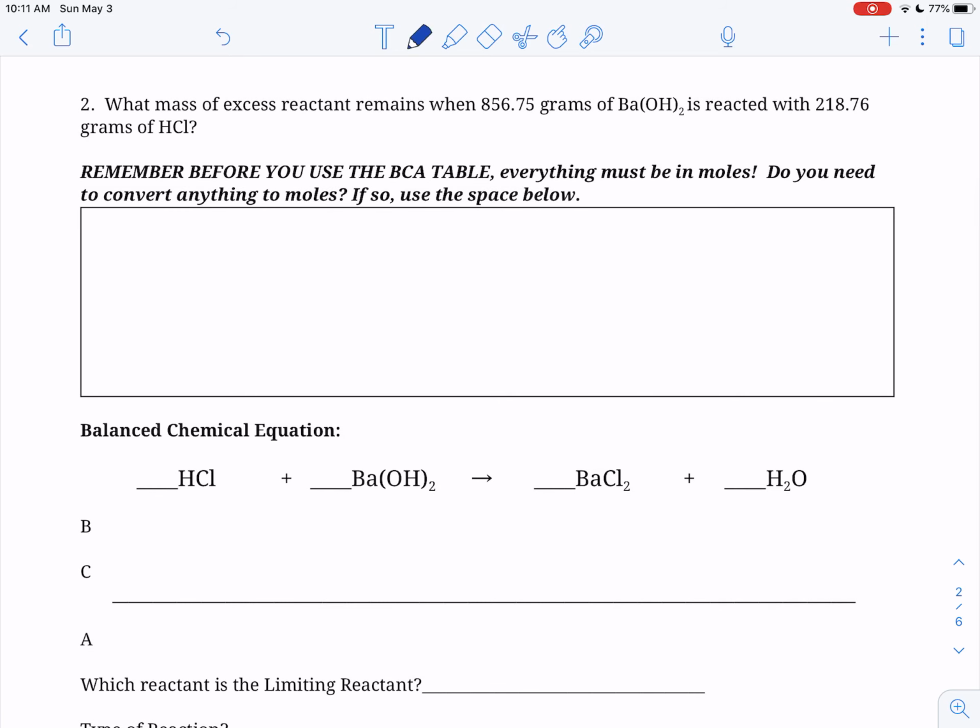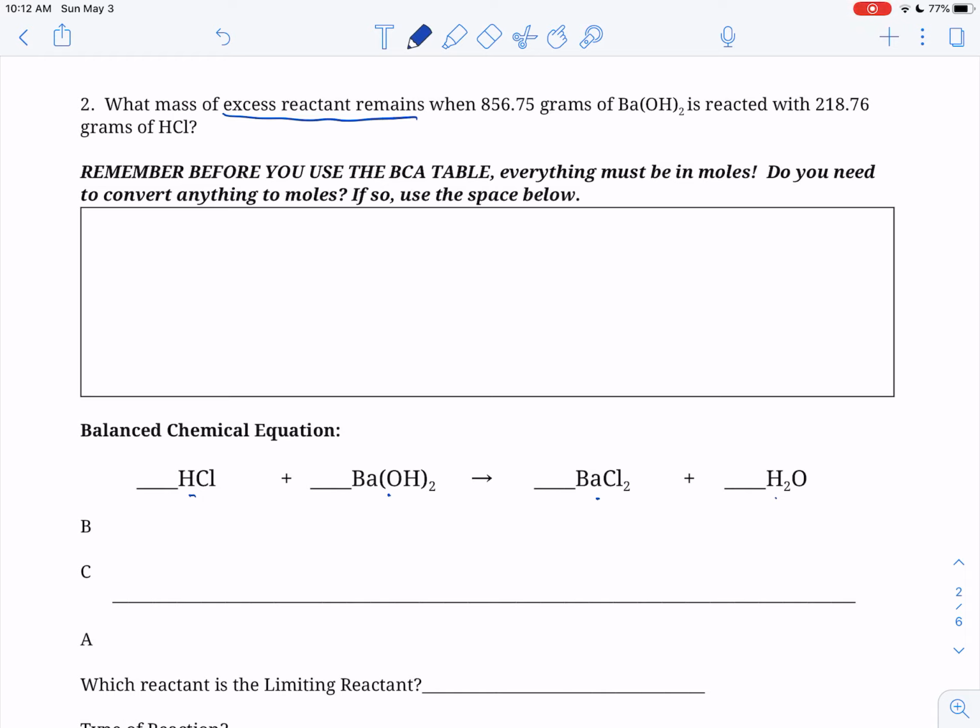What mass of excess reactant remains, okay, that's a little different, when 856.75 grams of BaOH2 is reacted with 218.76 grams of HCl. Okay. All right. So let's go ahead down here and look at our equation. So I have my HCl, BaOH2, and that's going to form BaCl2 and water.